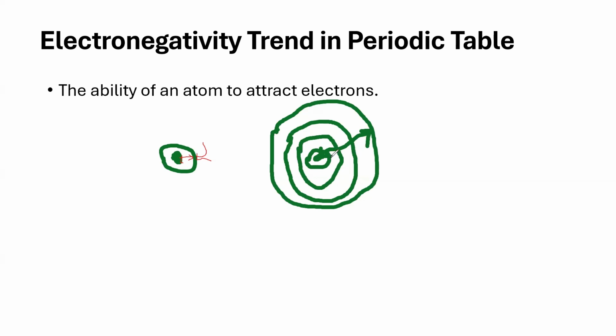As being closer to the nucleus, to the positive ion, it will be easier to attract the electrons than when the atom is larger.